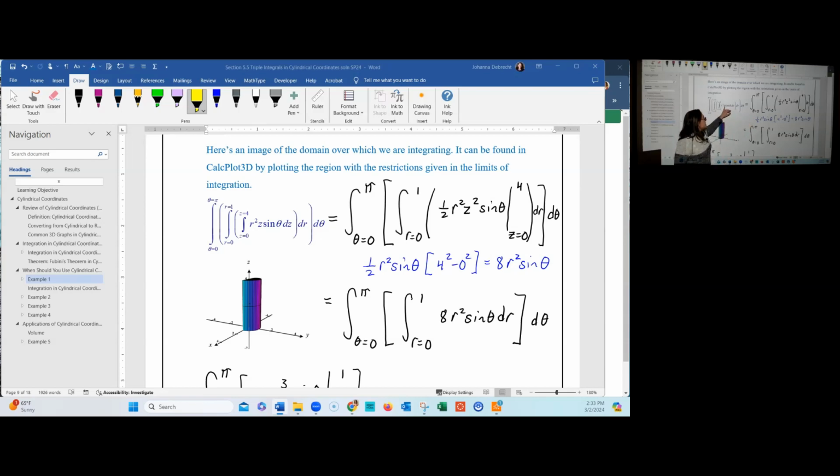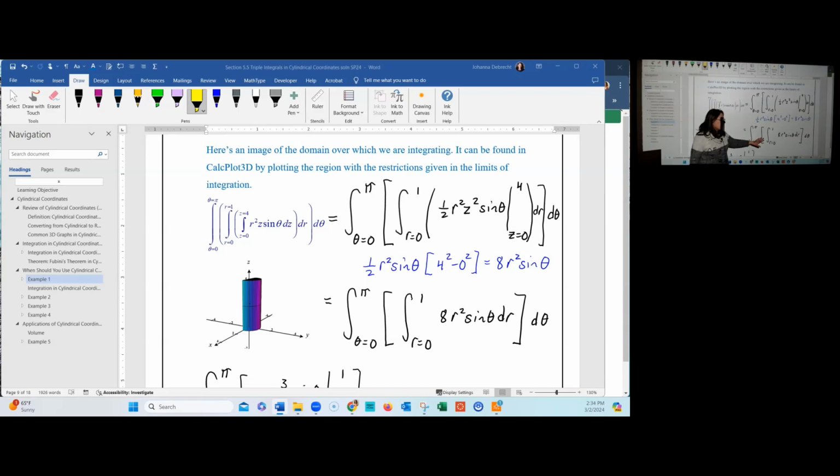When I integrate z, the r squared sine theta remains constant, and the integral of z becomes 1/2 z squared multiplied by r squared sine theta. Evaluate between z equals 0 to 4 to give us 16 multiplied by the 1/2 r squared sine theta, which gives us a new integral for the outside of 8r squared sine theta.